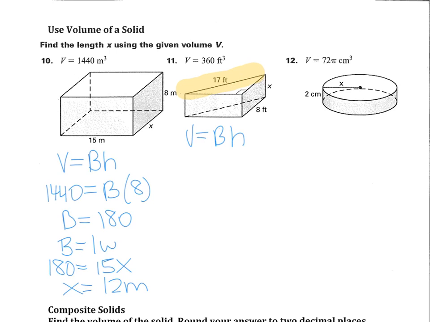So I need to find the other measurement from the right triangle. So I'm going to call it y. And y is going to equal the square root of the square of the hypotenuse minus the square of the leg.